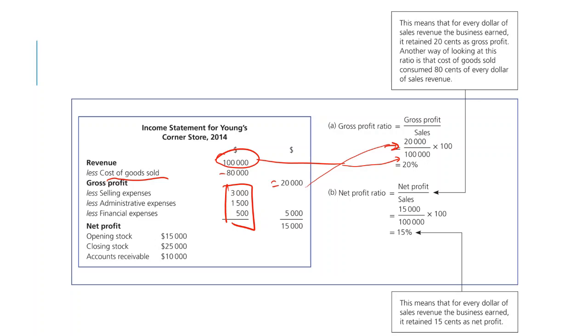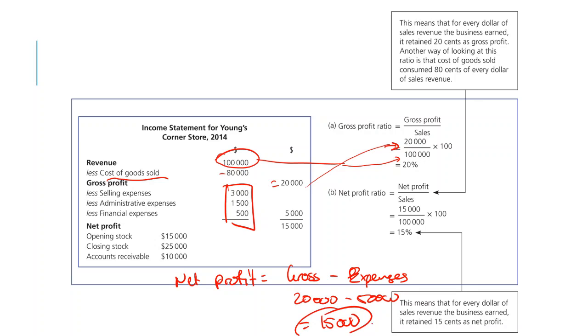To calculate our net profit, it equals gross minus expenses. 20 minus 5 equals 15,000. That will go up there. Our sales are still up there, and we get an outcome of 15%.